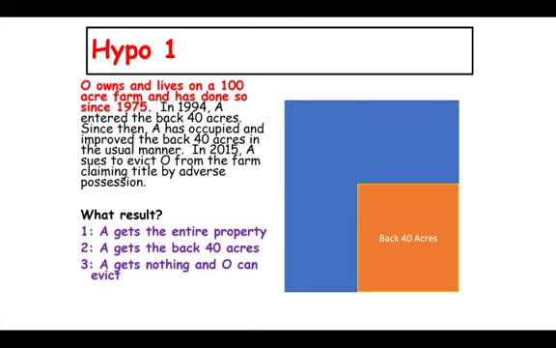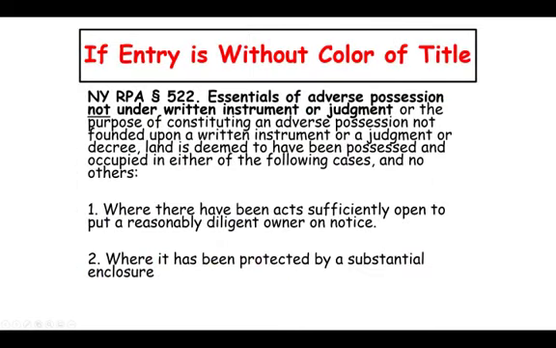So if we go back to our problem here, A entered the back 40 acres and used it in a manner that was open and notorious, which means in 2015, because A entered without color of title, what A can acquire is the part of the property that A used in a fashion that satisfies this: open and notorious, or protected by a substantial enclosure.